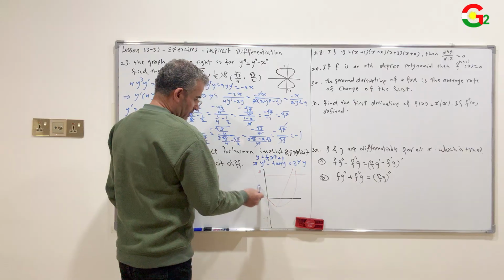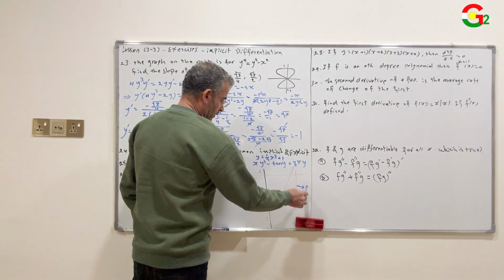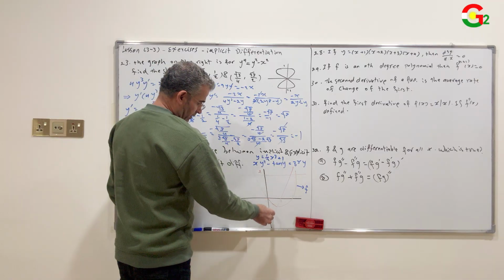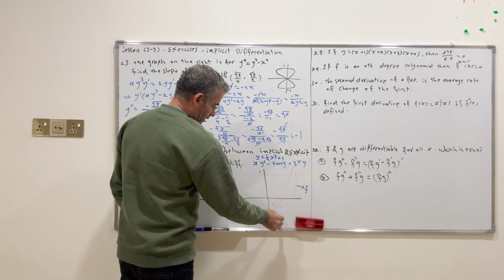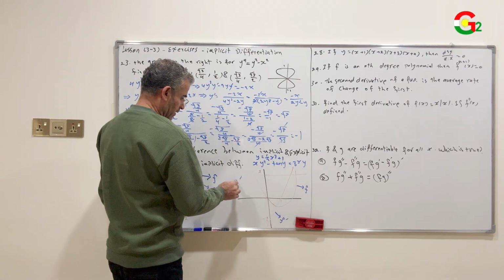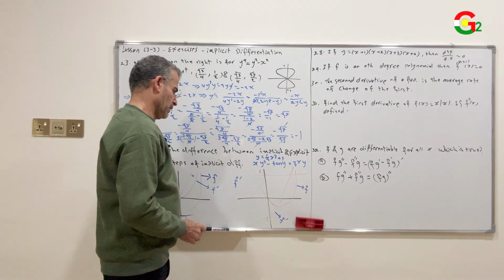For the second graph, the quadratic function is for the function f, and the line here is for the derivative, and the horizontal line here is for the second derivative.